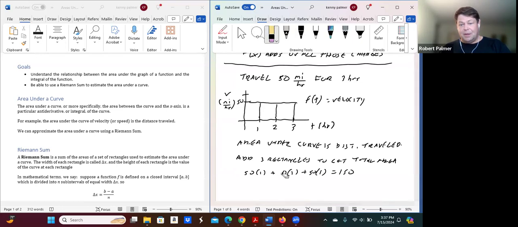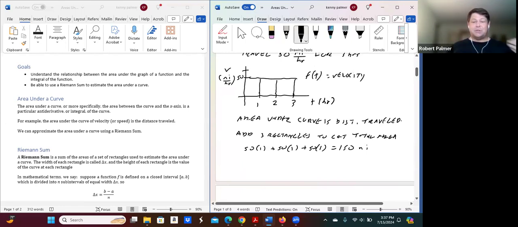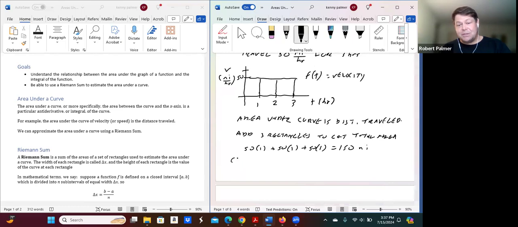In this case, this is 150 miles. So the area under a velocity curve gives you the distance you traveled, and that's true of essentially any rate curve, anything that's changing over time.